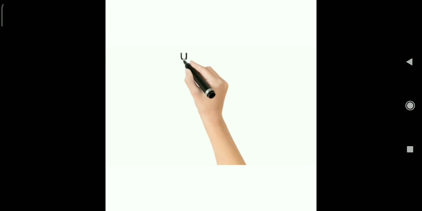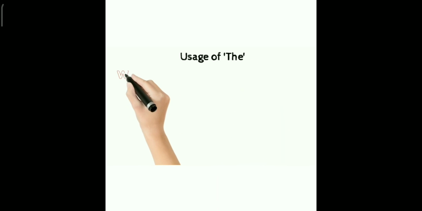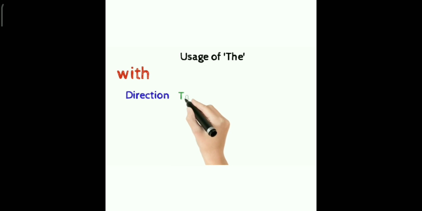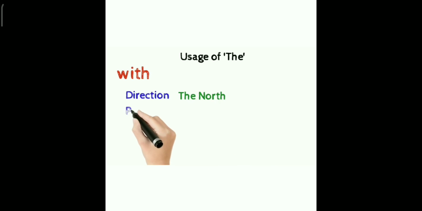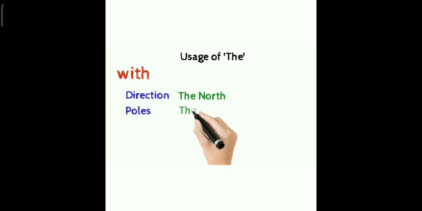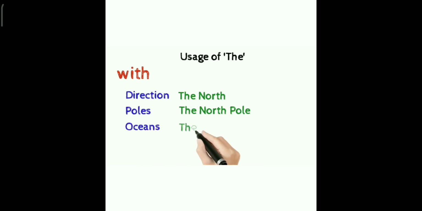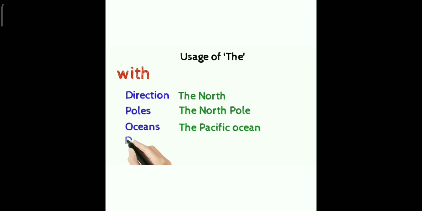Now, students, let us see the usage of the. We use the with directions like the north, the east, the west, poles also, the North Pole, the South Pole. If we are talking about oceans, then also we use the: the Pacific Ocean, the Indian Ocean.